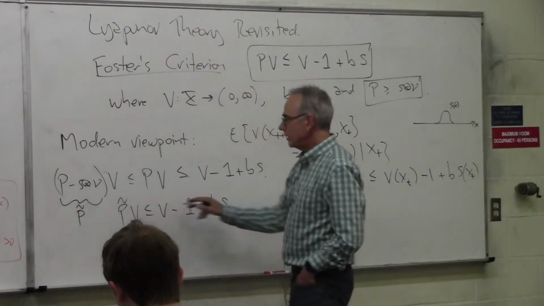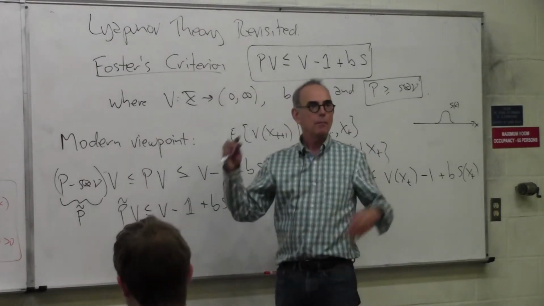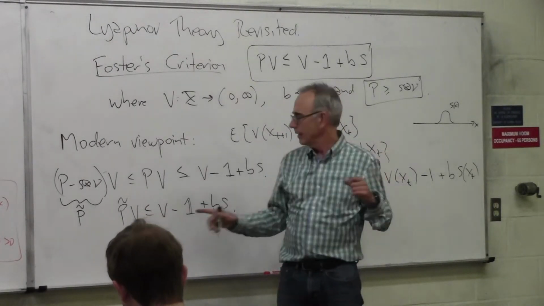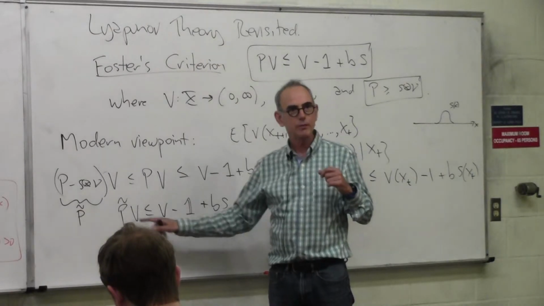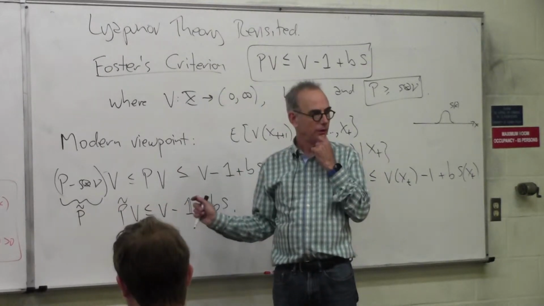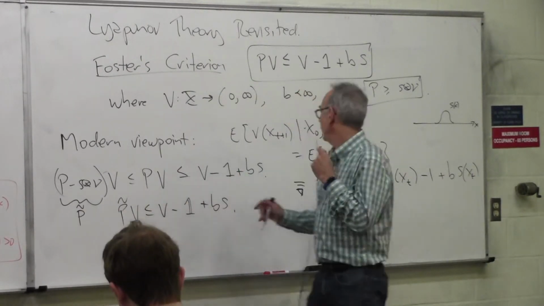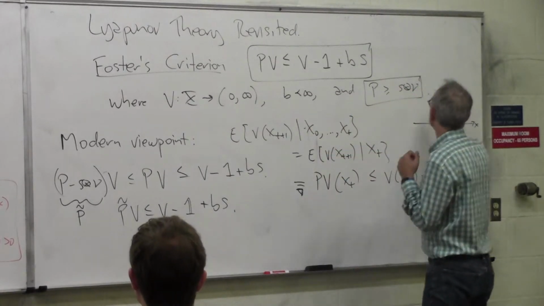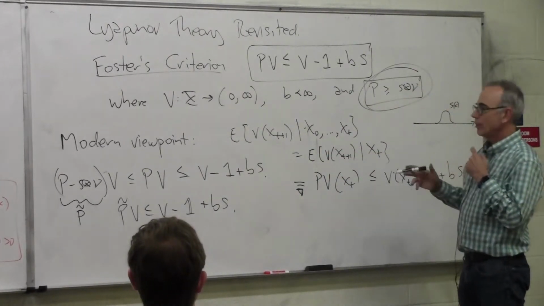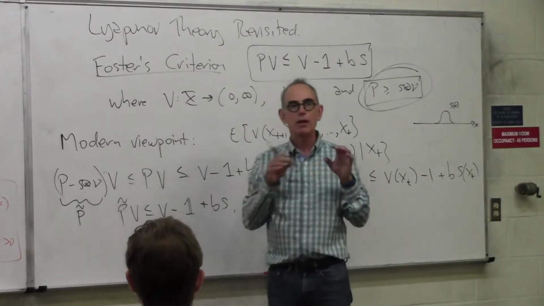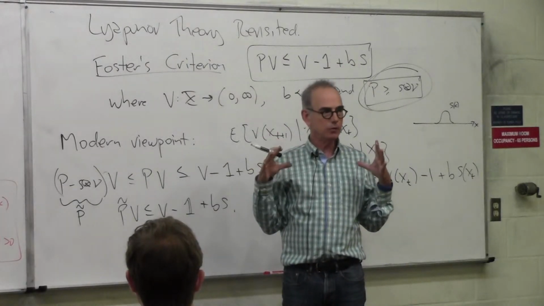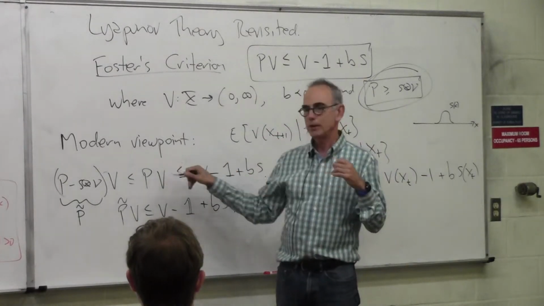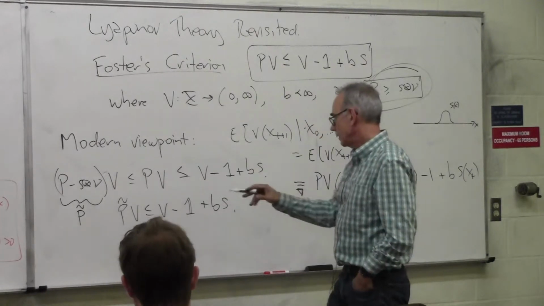All right, so I've got an inequality. P tilde is a matrix with non-negative entries, so it preserves the inequality. If I hit both sides of this inequality with P tilde, I'm using the minorization. This difference matrix is a big giant matrix with non-negative entries, so the inequality is preserved.